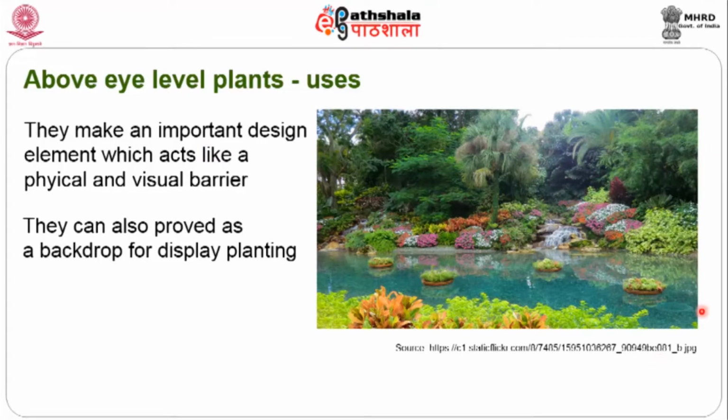So, if you have large ground covers of low height plants with a lot of different colors which need to be displayed, the taller shrubs give a very beautiful backdrop against which the flowers and the water features are set together.